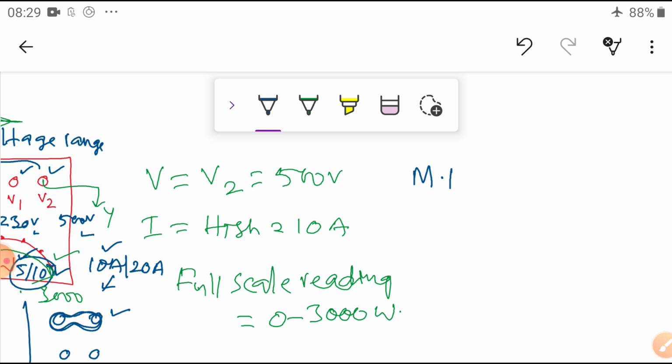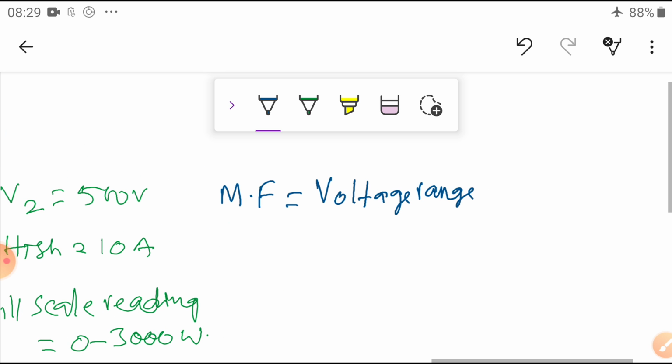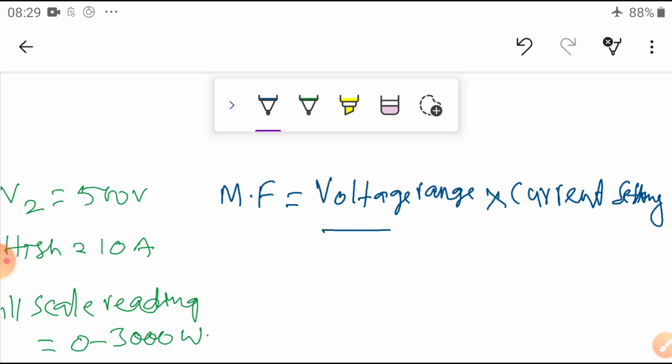Multiplication factor is equal to voltage range into current setting, divided by full scale deflection, full scale reading.